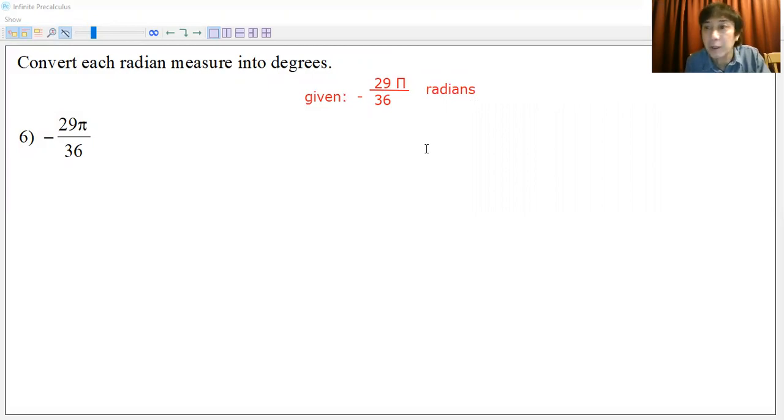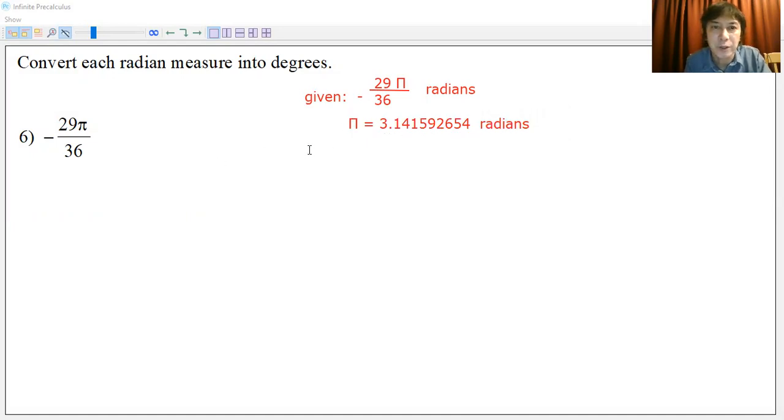Those are the negative symbol, then the fraction 29 over 36, and the pi. And we know that pi has a value, 3.14. A reminder that pi is equal to 3.141592654. This is the equivalent in decimals.